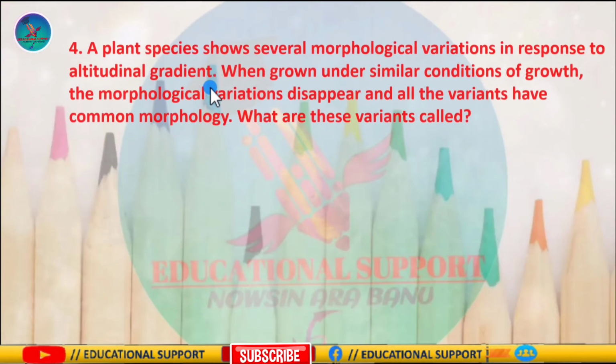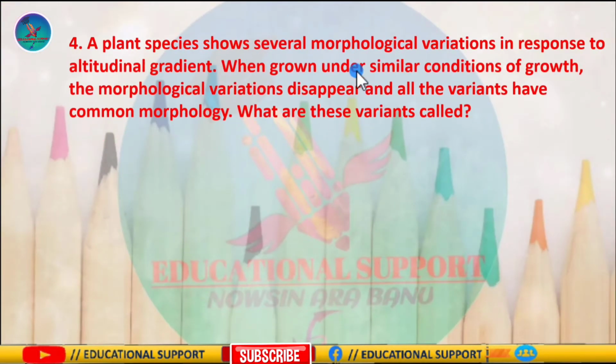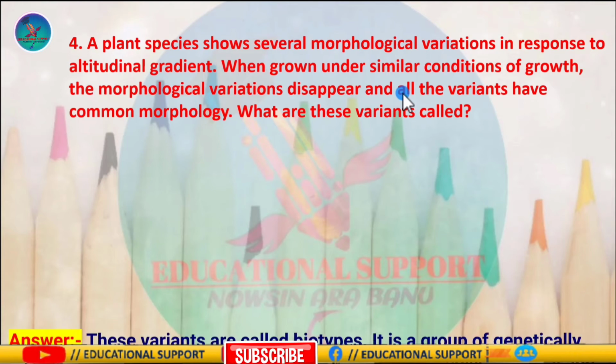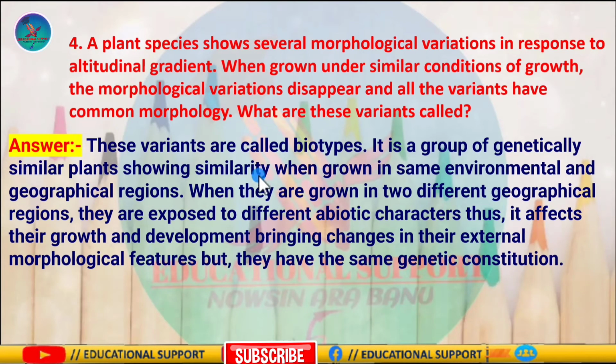Next question is: a plant species shows several morphological variations in response to altitudinal gradient. When grown under similar conditions of growth, the morphological variations disappear and all the variants have common morphology. What are these variants called? These variants are called biotypes. It is a group of genetically similar plants showing similarity when grown in the same environmental and geographical regions.